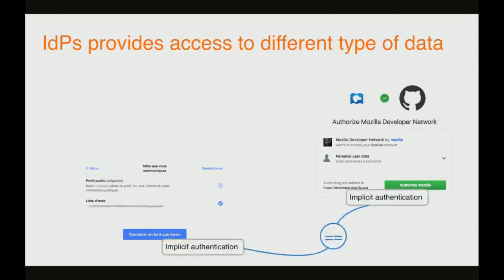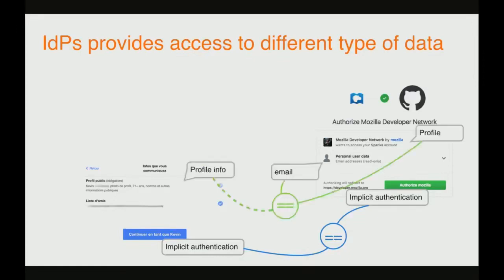In some cases, between different scenarios. On the right, you have GitHub asking authorization to share with Mozilla Developer Network, and on the left, a Facebook use case. In this case, the implicit authentication is common between the two. Some profile information is also common.